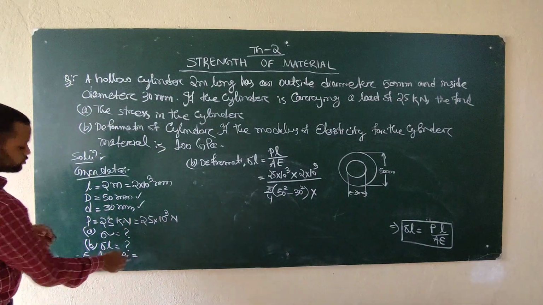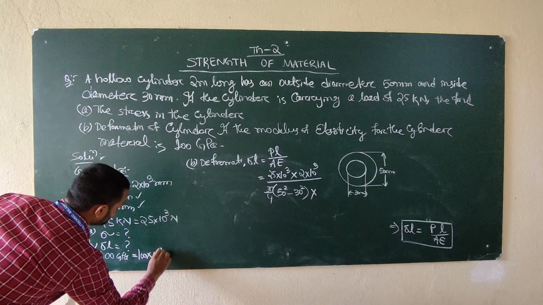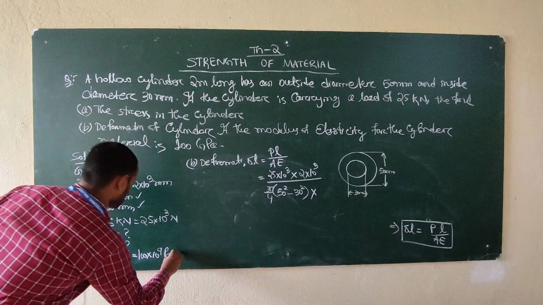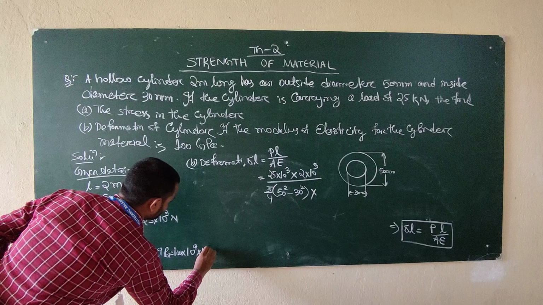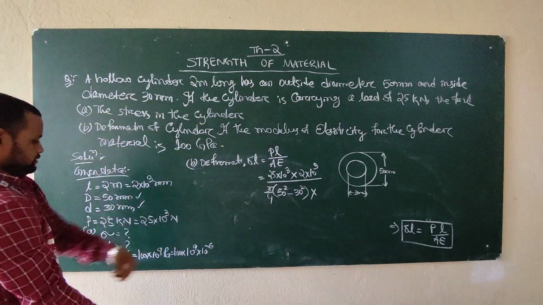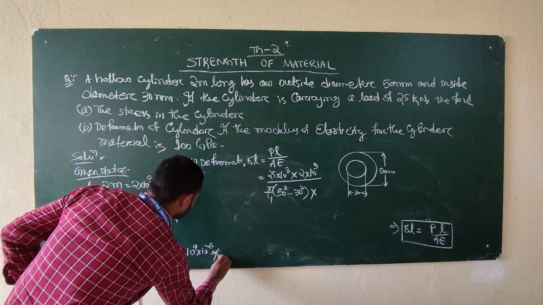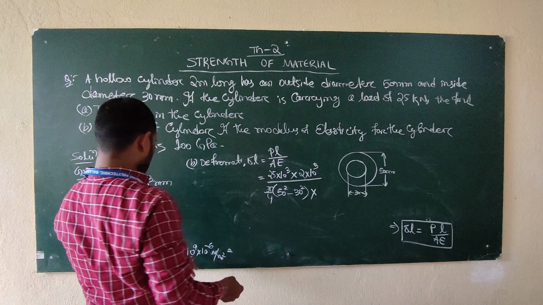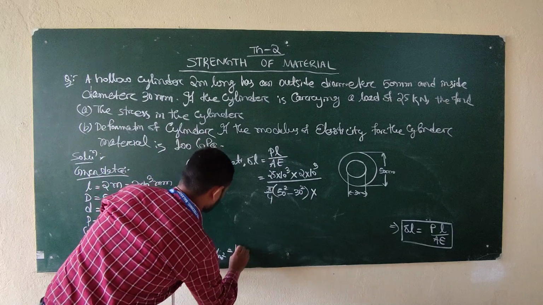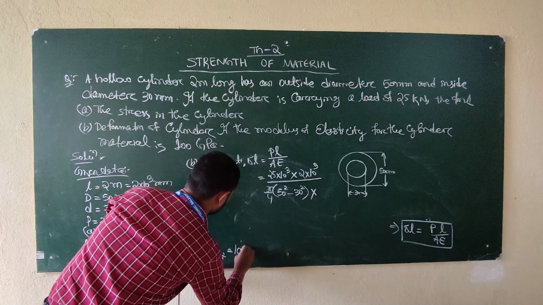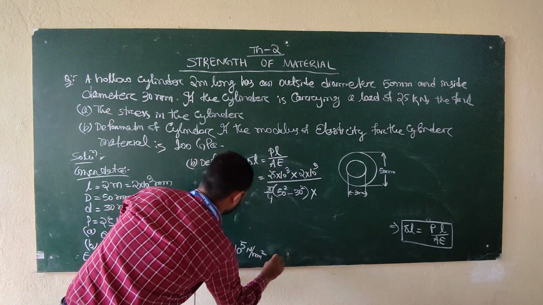We have to convert this gigapascal into Newton per millimeter square. So 100 gigapascal means 100 into 10 to the power 9 Pascal, or equal to 100 into 10 to the power 9 into 10 to the power minus 6 Newton per millimeter square, or equal to 100 into 10 to the power 9 minus 6, 9 minus 6 is 3, that is 10 to the power 5 Newton per millimeter square.